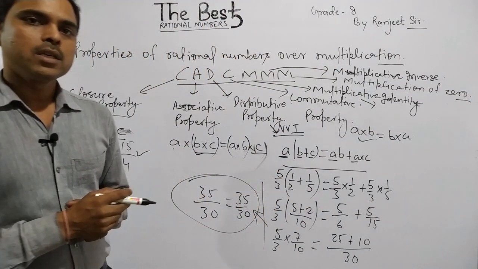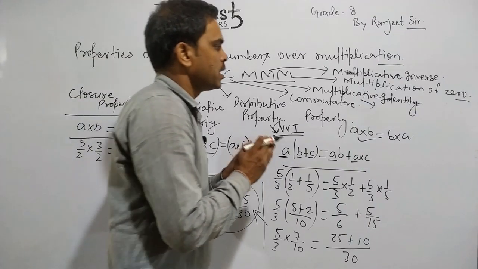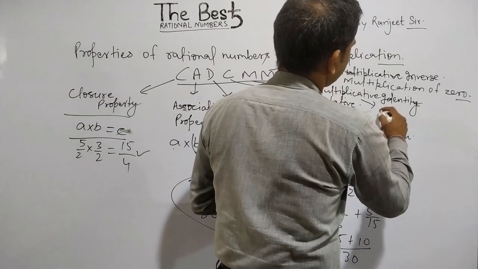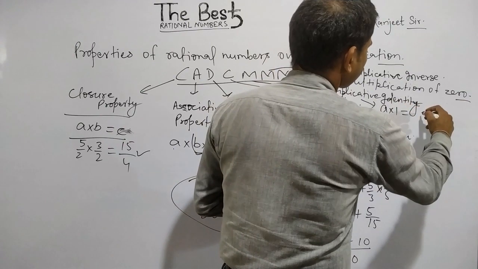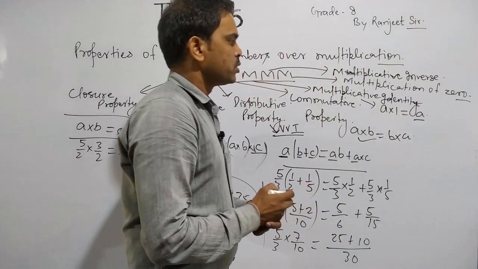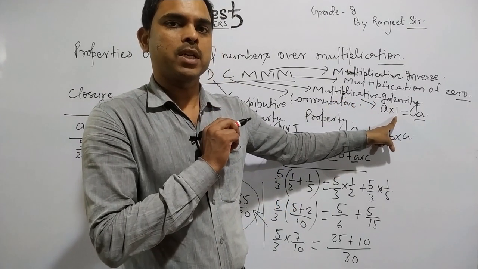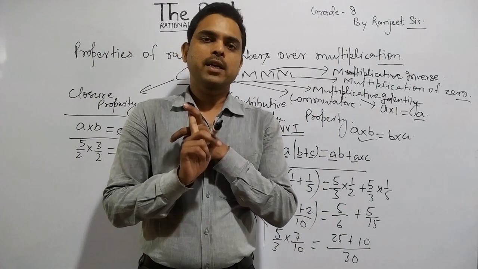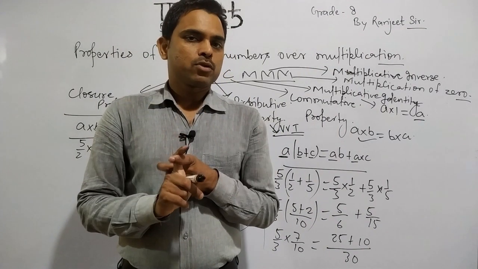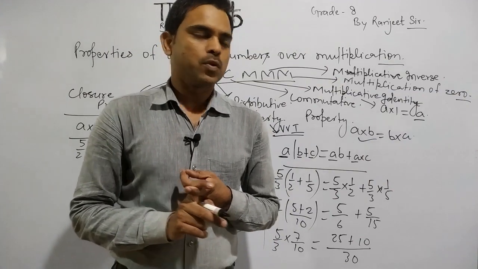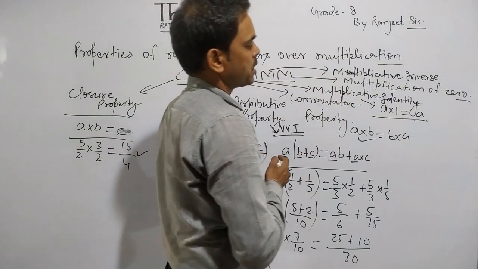Identity means there should be no change in the rational number, and it is only possible when I multiply any rational number by 1. So you will get A only. So this is multiplicative identity. So 1 is the multiplicative identity. You can get this question in objective also, I mean to say in MCQ. So you will say the multiplicative identity is 1 only.